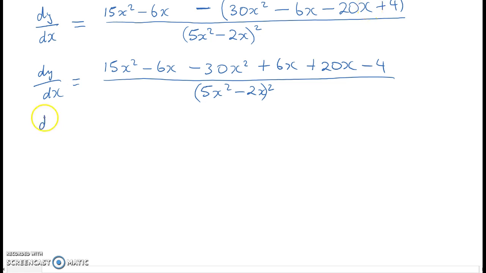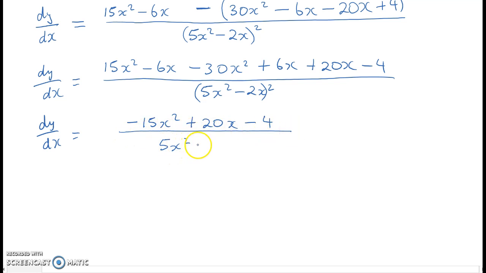Nearly there. Now dy dx is equal to 15x squared minus 30x squared. That's negative 15x squared. Minus 6x plus 6x disappears, so that leaves you with 20x minus 4 all over 5x squared minus 2x, to be squared.